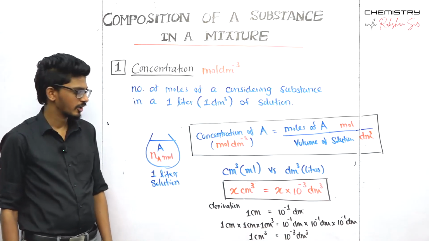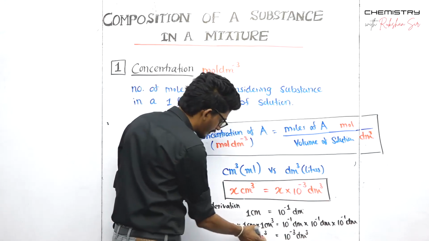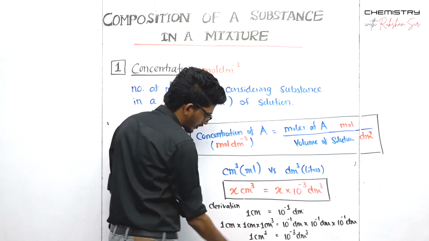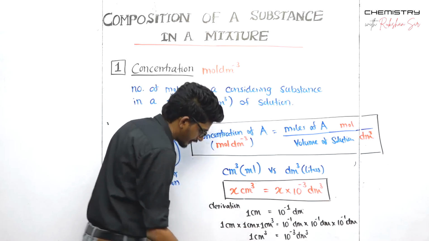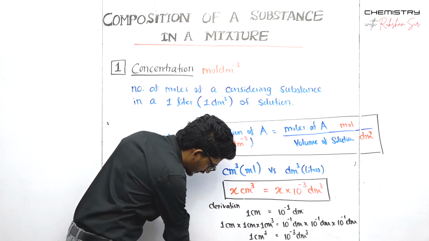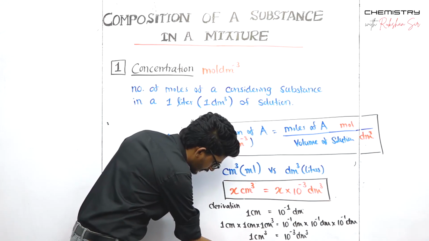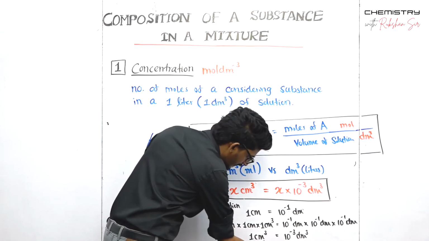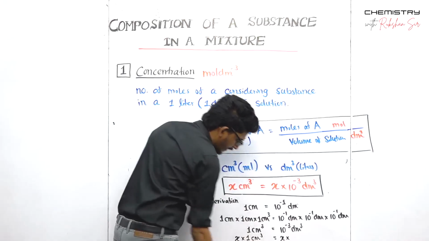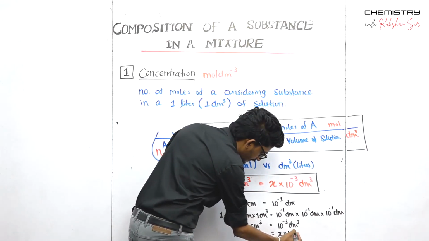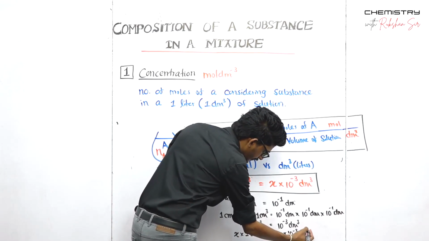If you are referring to x amount of centimeter cubes, that means x into 1 centimeter cube, which is x into 10 to the power minus 3 decimeter cubes.